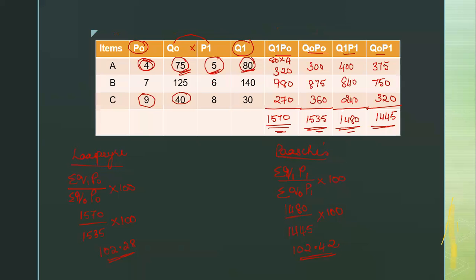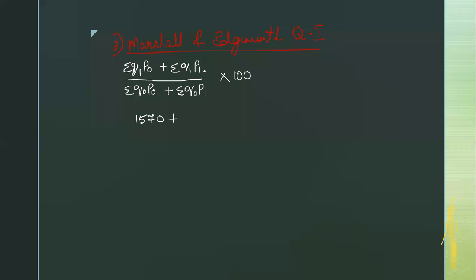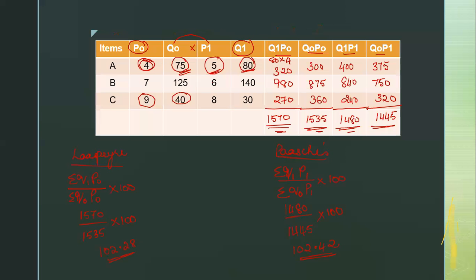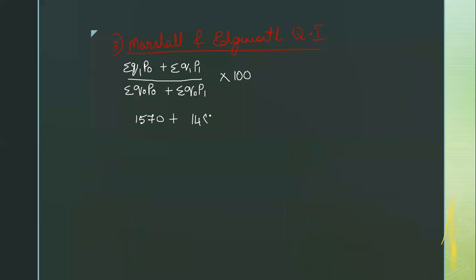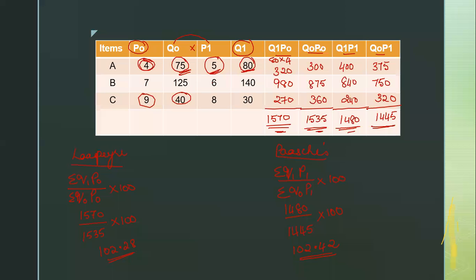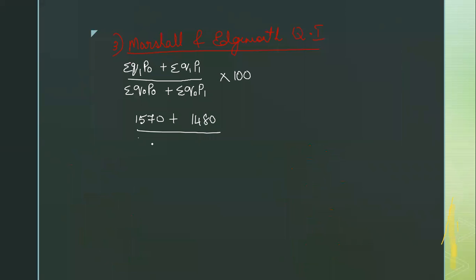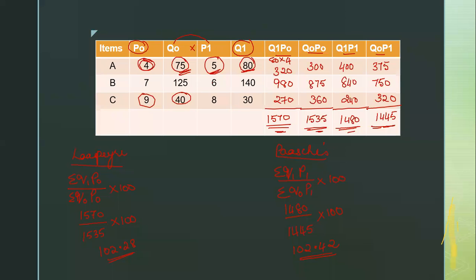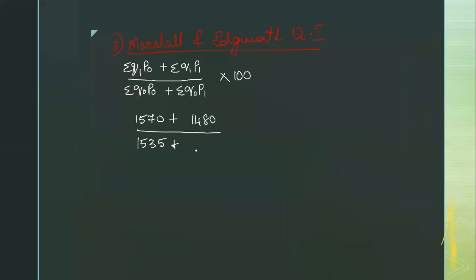summation Q1P1. Okay, summation Q1P1 ಬೇಕು ನಮಗೆ. What is the value? It is 1480. Okay, divided by summation Q0P0 1535, and also we need Q0P1 1445.